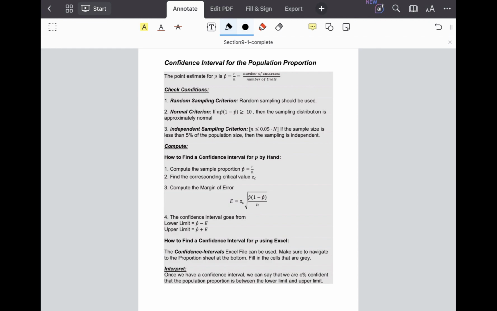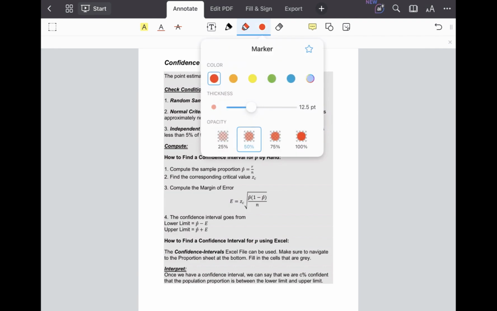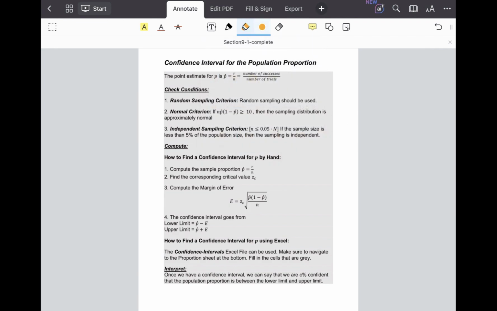Now, I have each of the different confidence interval instructions on single pages. So you just really have to pay close attention to which one you're using. Like this is for the proportion, and that will change for each of the sets of instructions. Now, each set of instructions is split into 3 different steps.